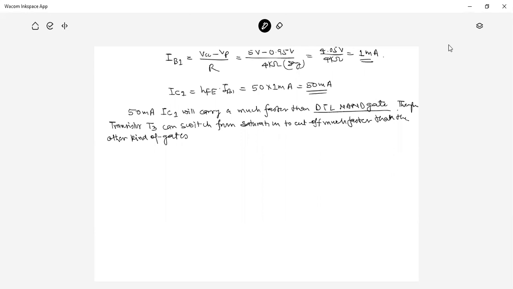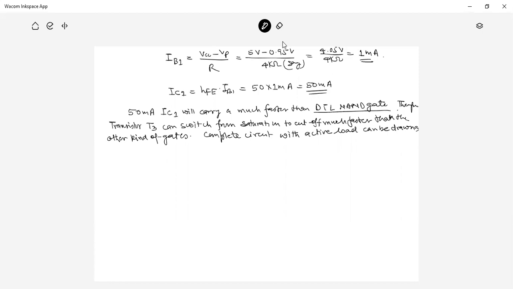Now the complete circuit with the active load can be drawn as follows.